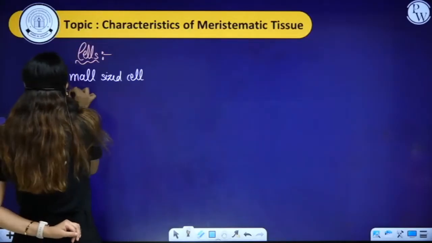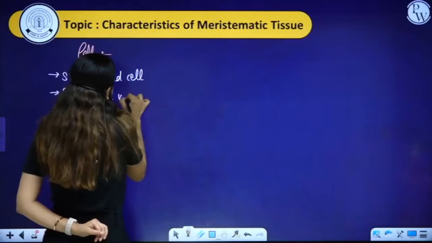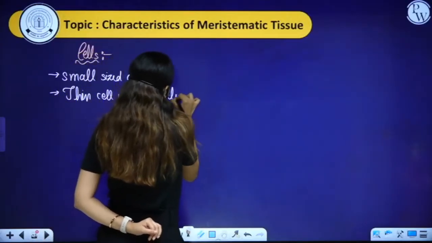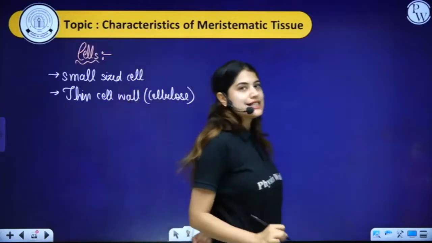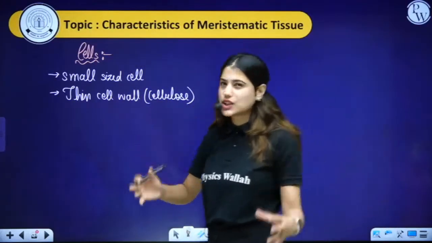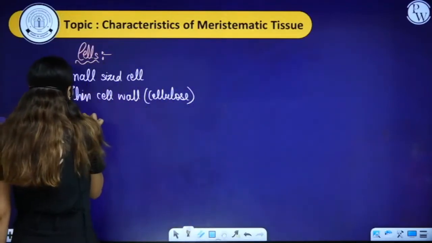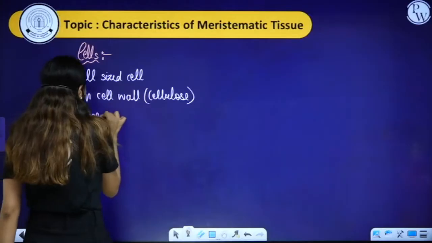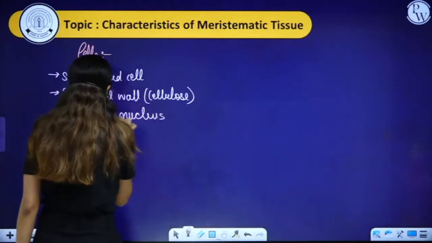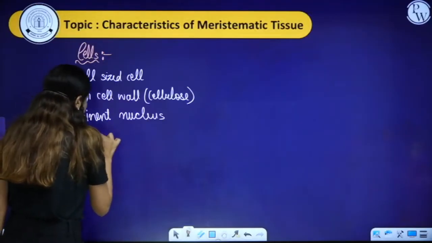Yes, so they have a thin cell wall which is made up of cellulose. Also, we can say that they have a large prominent nucleus, one single big nucleus. Also, they have a large amount of cytoplasm. Abundant cytoplasm.